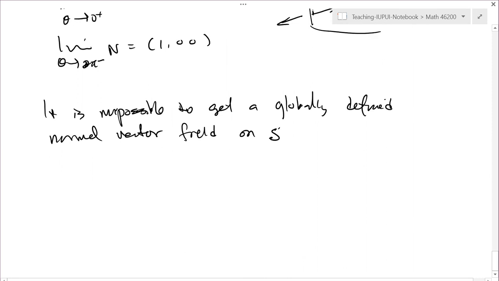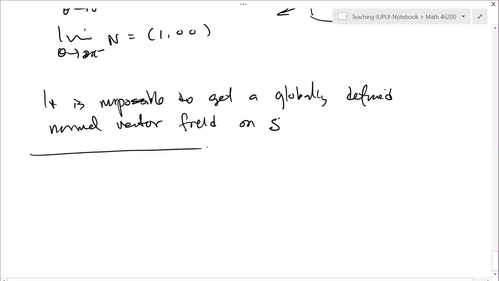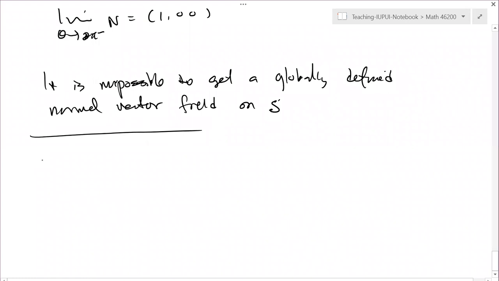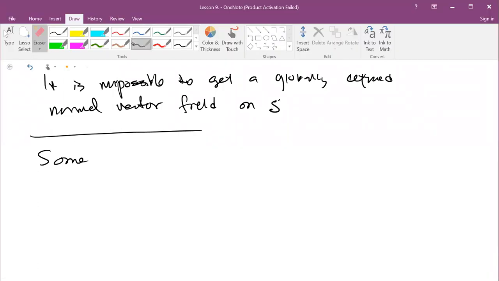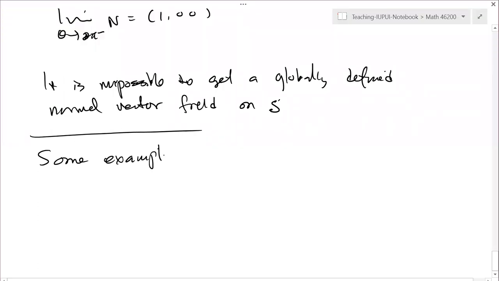Now let's talk about examples of surfaces. There are many examples of surfaces. For example, a surface can be defined using the following equation. The sphere, right? The sphere we can define by the traditional equation.